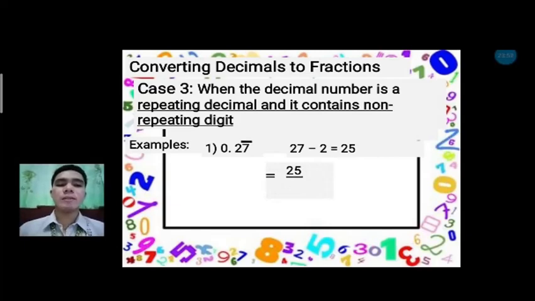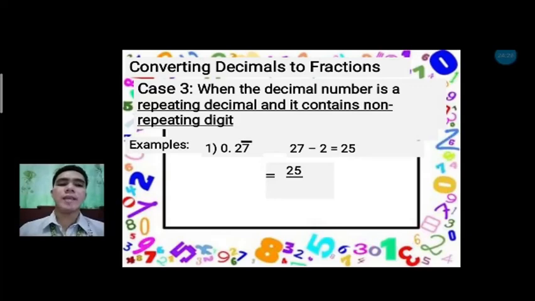Now, what will be our denominator? Take note that the denominator will depend on the number of repeating and non-repeating digits. How many repeating digits? There is only one repeating digit, that is 7. So we have only one 9 in the denominator.